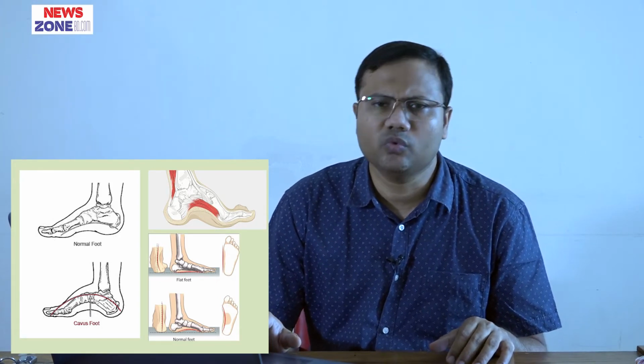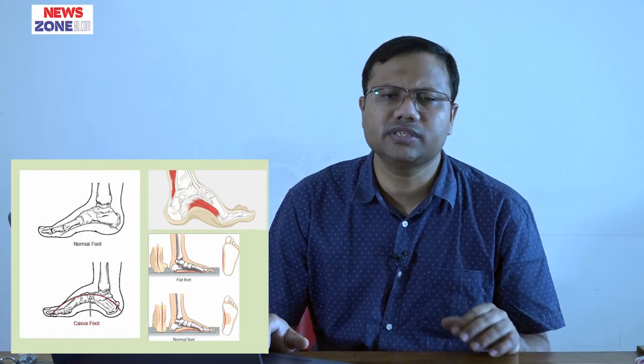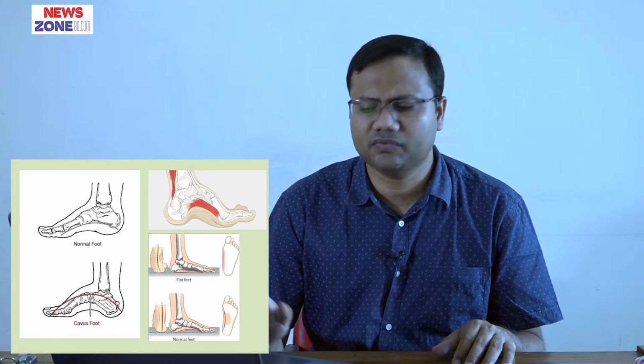In another picture you can see what a cavus foot is. Cavus foot means the medial longitudinal arch of the foot is high, and when the medial arch is low, we call it flat foot. In clubfoot, the patient will suffer with cavus deformity, or a high medial longitudinal arch.